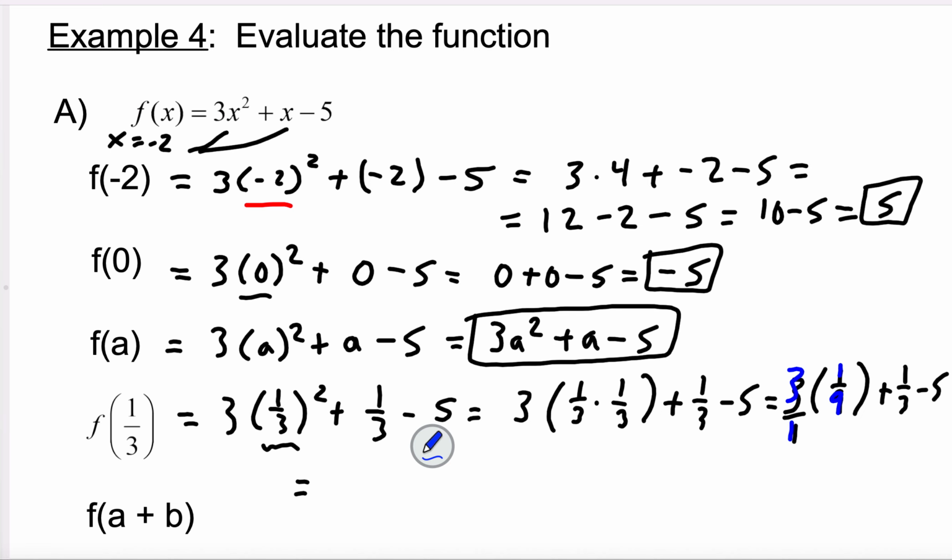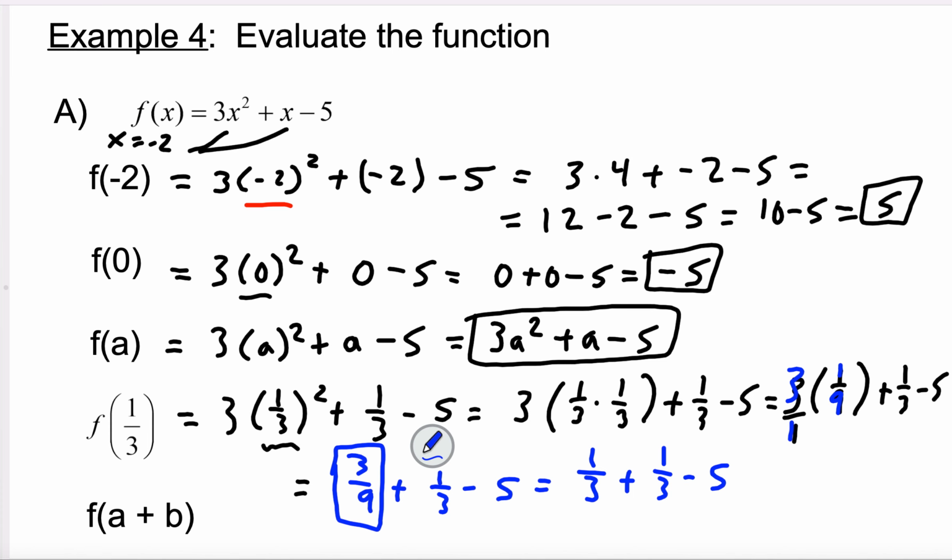So I get 3/9, and then plus 1/3, and then minus 5. I can either get a common denominator here, but I'm thinking I'm going to reduce down this 3/9 here. So 3/9 reduced there. 3 goes in 3 there once. 3 goes in 9 there 3 times. So I have 1/3 plus 1/3 minus 5.